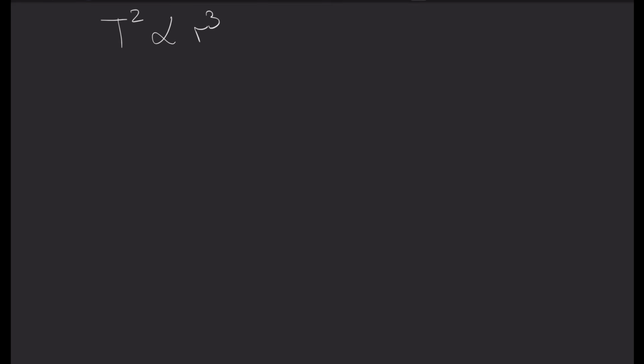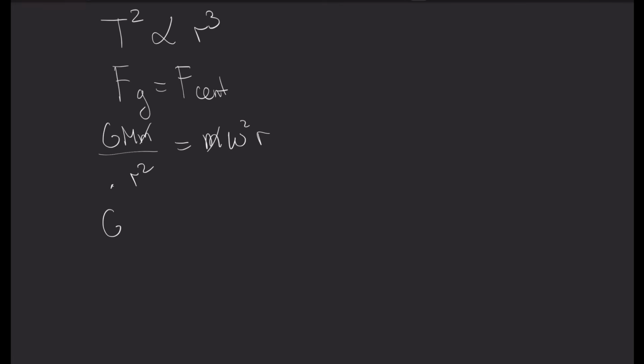Okay, next one, T squared is proportional to r cubed in gravity. Well, the way we derive this is by looking at the net gravitational force, which we can set to be the centripetal force. So GMm over r squared is equal to m omega squared, multiplied by r. Okay, so let's cancel out the m, and then what I'm going to say is that GM is equal to omega squared r cubed.